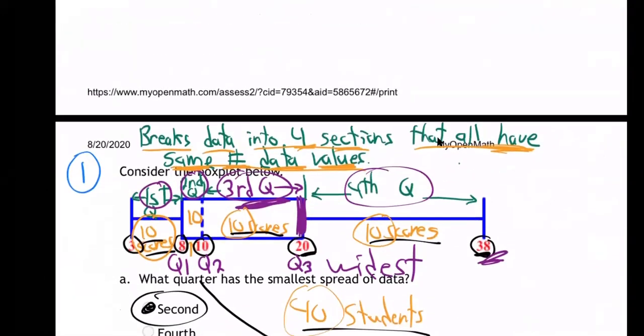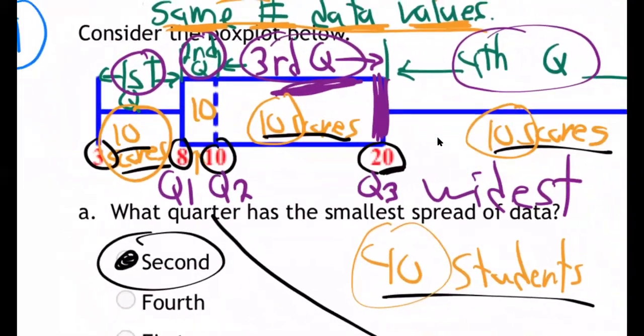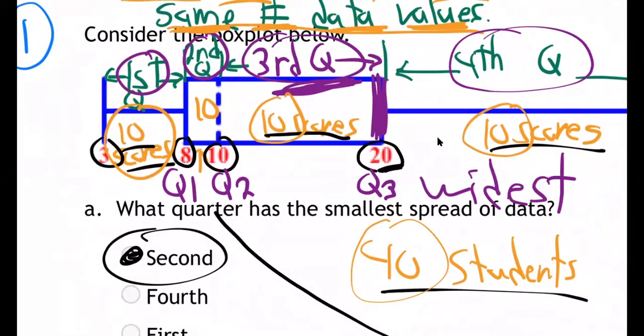I think you're right. So look, how many got between 3 and 10? Here's 3 and here's 10. How many students got a score between 3 and 10? Well, that's the first quarter and the second quarter, isn't it? That's got to be 20, just like you said, right?